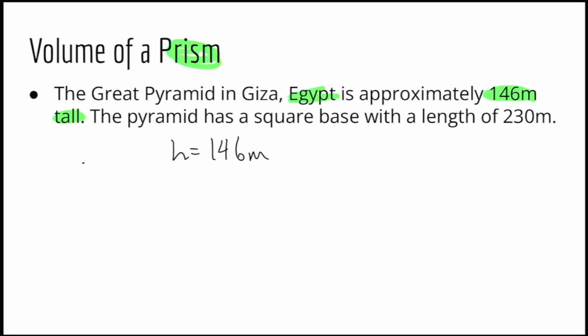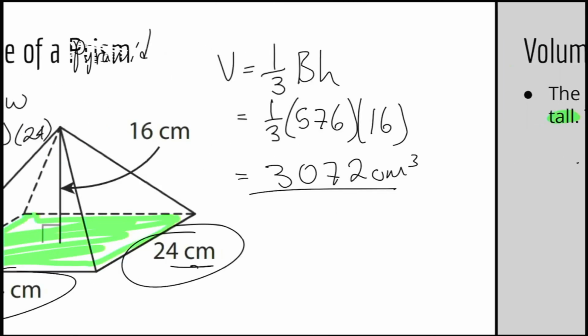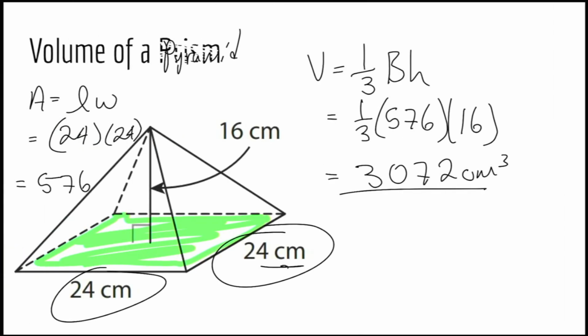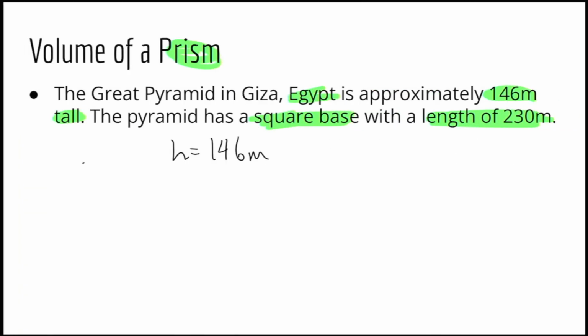Let's just finish reading the problem. Also, we know that the pyramid has a square base with a length of 230. In the problem back here, we also had a square base with a length of 24. Since it's a square, we know that all the sides are going to be the same. So if one length of the square is 230, then all the lengths of the square are going to be 230.